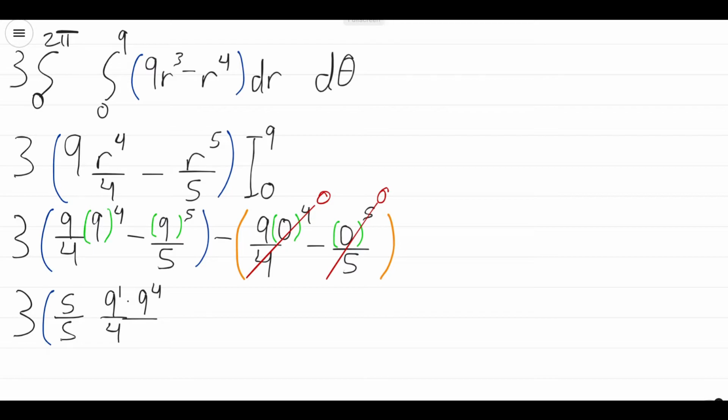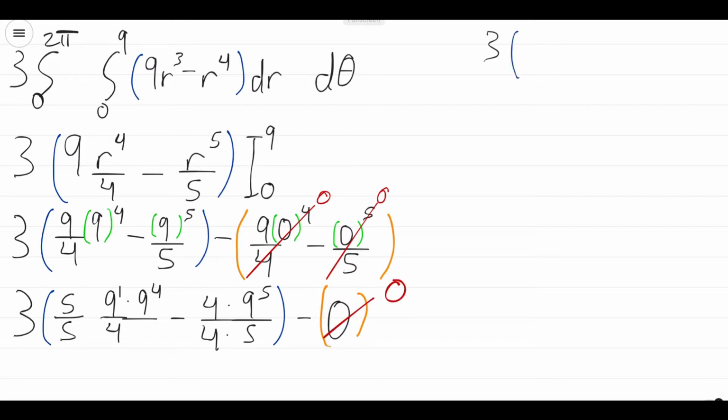So all I'm doing is I want to have the same denominator. So I'm multiplying by a fraction that will give me that, minus over here 4 over 4 times 9 to the 5th over 5. So all I did right here was nothing more than just try to have a common denominator. So I'm multiplying by two fractions that are equal to 1, so it doesn't change the value, and I'm going to have a common denominator, minus 0. So I know this term goes to 0.